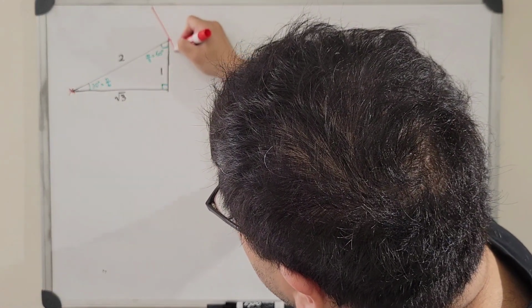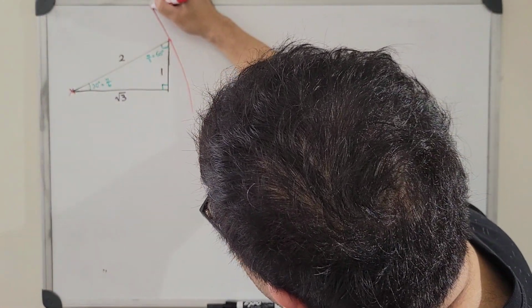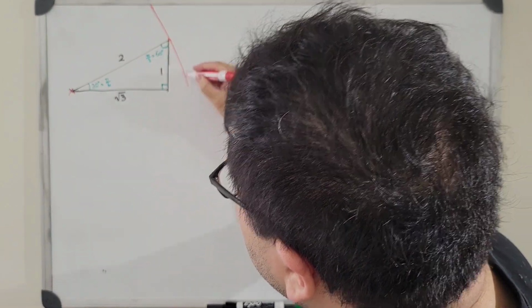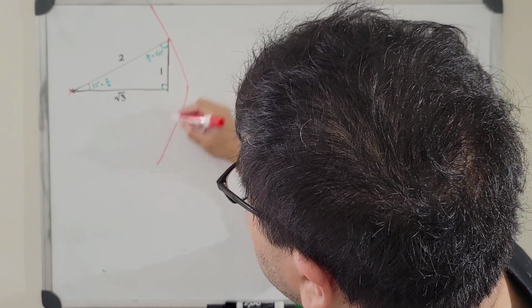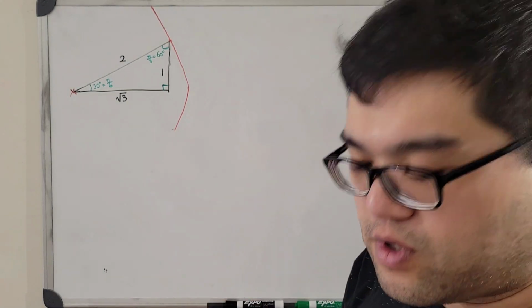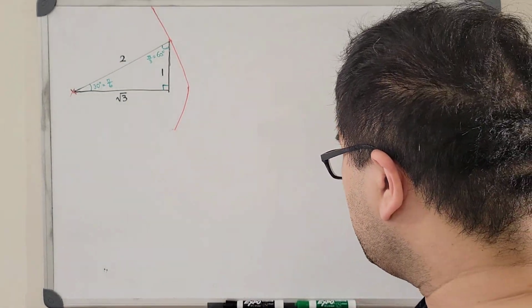So just pretend that the circle looks like this, and then it starts going down, curving back in, something like this. Okay, let's say this is a circle. Good. Then what should we do next?